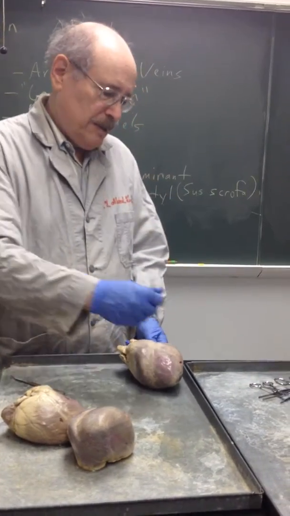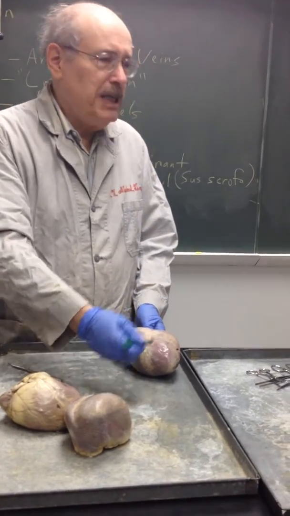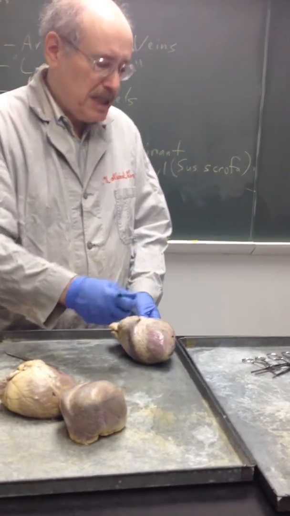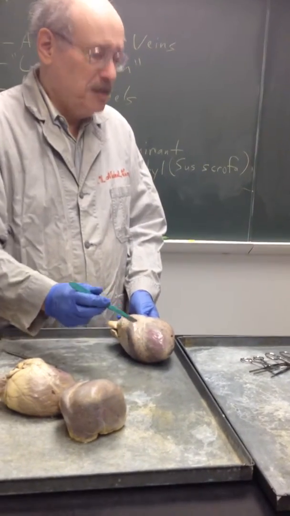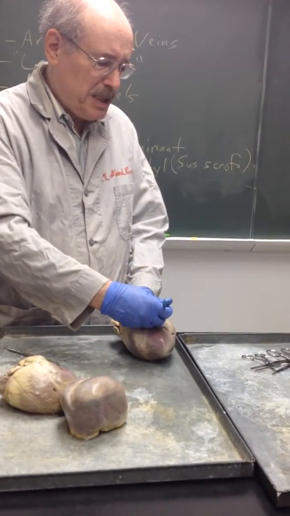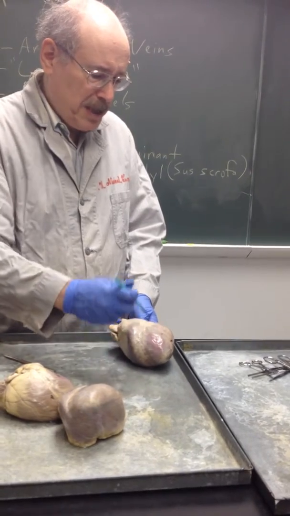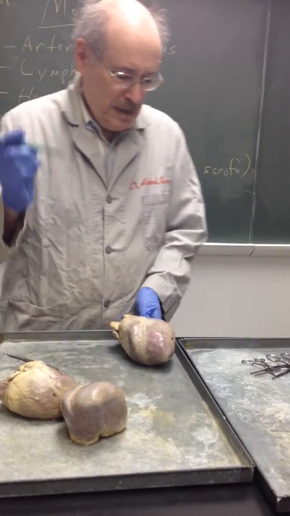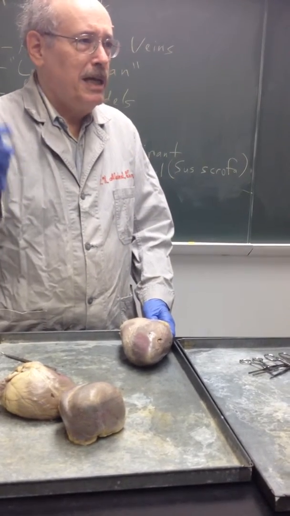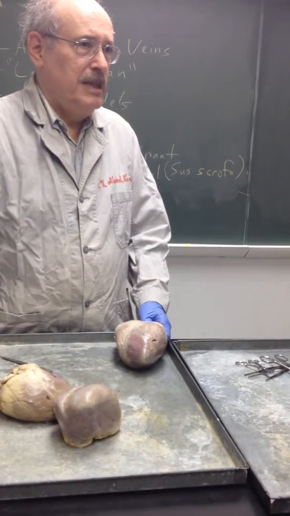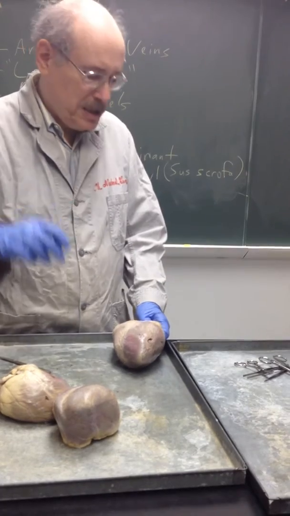All right, so to keep the integrity of the right versus left side, make your cuts parallel to the interventricular groove, but one about 1.5 inches to the left, the other about 1.5 inches to the right. Use the scalpel, the little knife, only to make a line and complete the incision with the scissors.